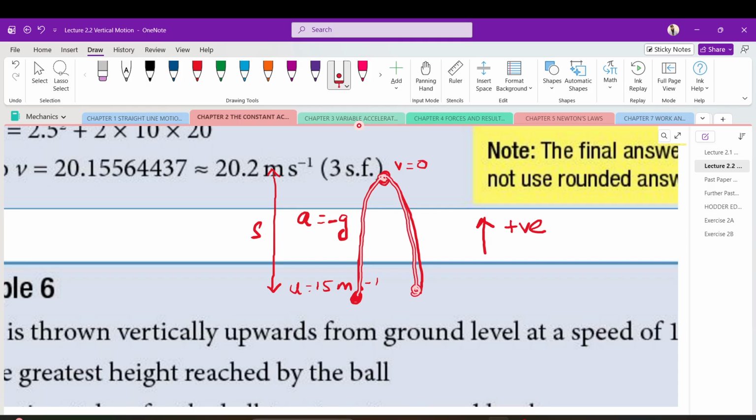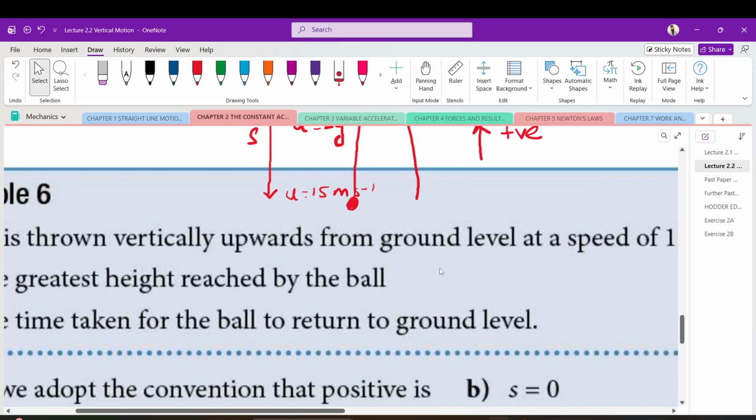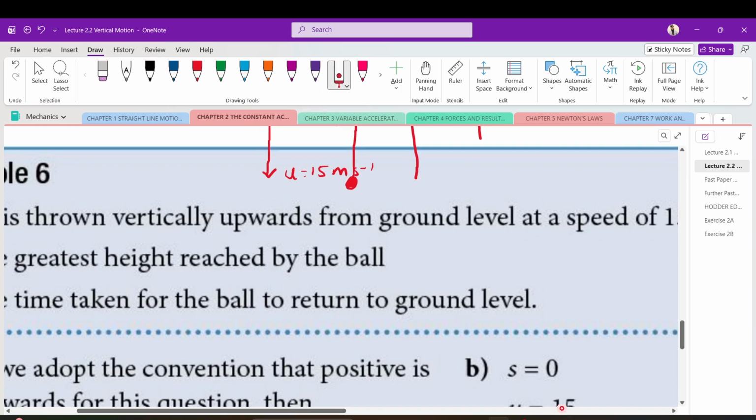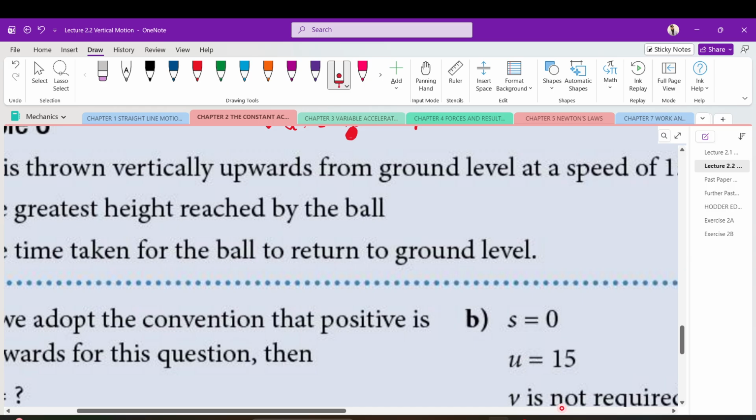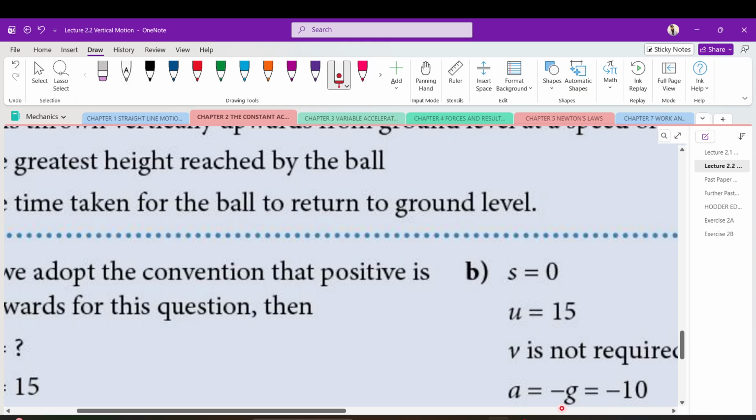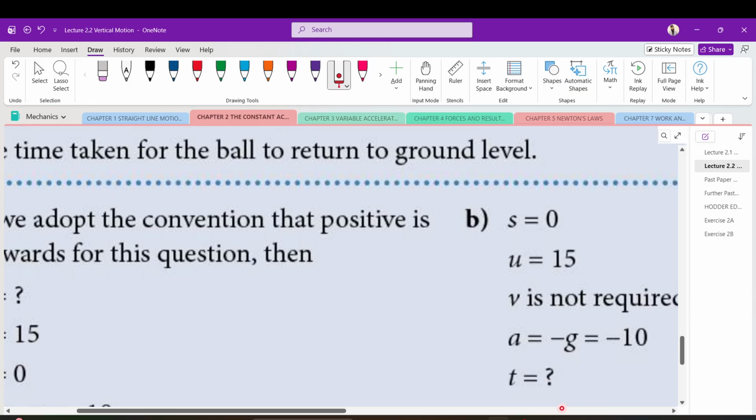When it comes back to the ground, how far is it from its starting point? We're assuming that it goes up like this and comes back to this starting point, so the displacement is 0. Got it? So s is equal to 0. Initial velocity is 15. v is not needed. a is minus 10, and you can find time.